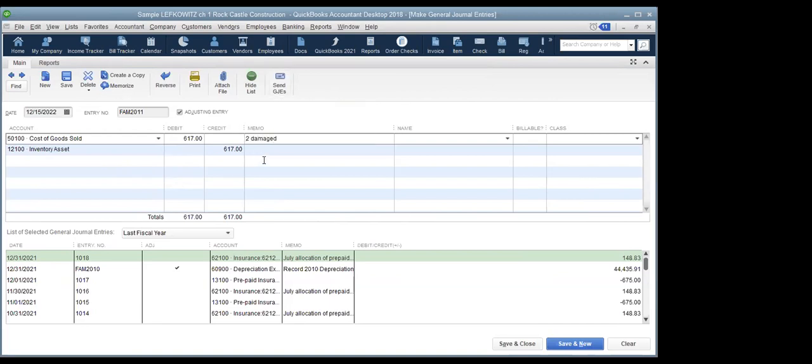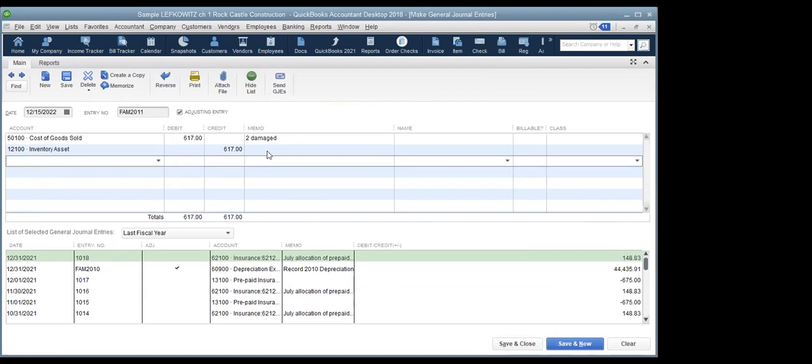Obviously you'll see that here it's not going to the specific inventory. And that's the reason you cannot do adjusting entries of inventory this way. Even though your date is right and the accounting is right, it does not say which piece of inventory is being reduced. So that's not the way to do it. You cannot do an adjusting entry based on just accounting cost of goods sold and inventory asset. It does happen, but not here.